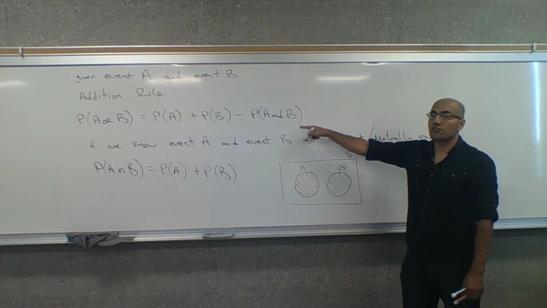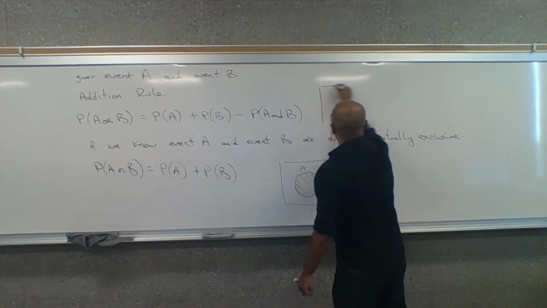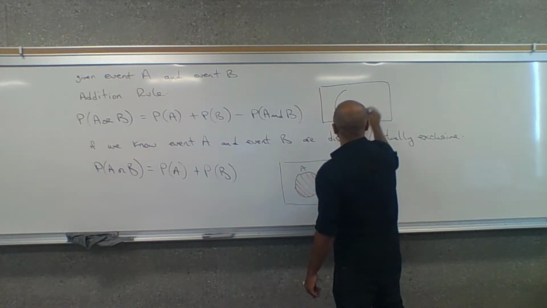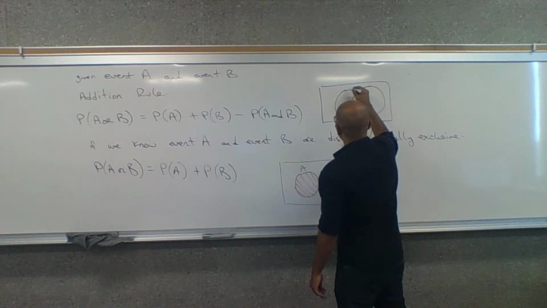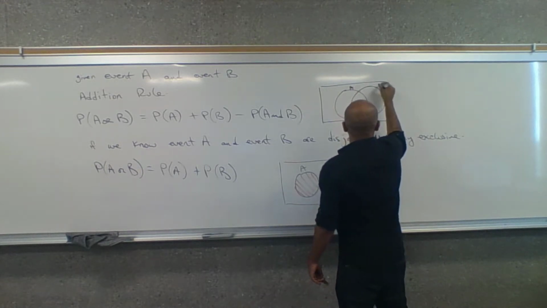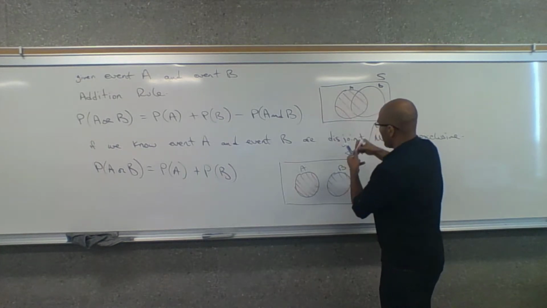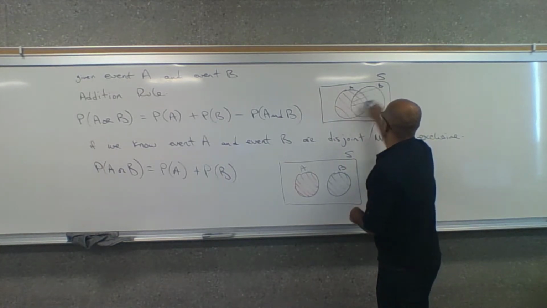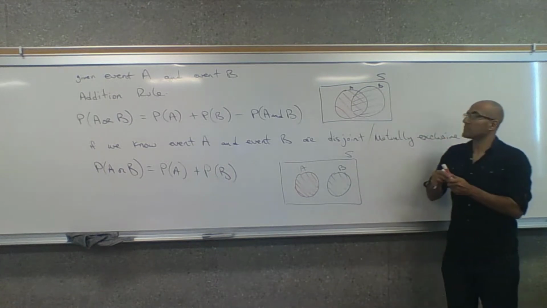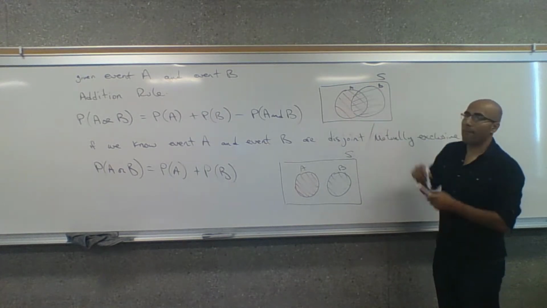And if they're not disjoint, then they have something in the overlap, something in common. So maybe we can describe them this way: A, B, S, and then there is something in the overlap.